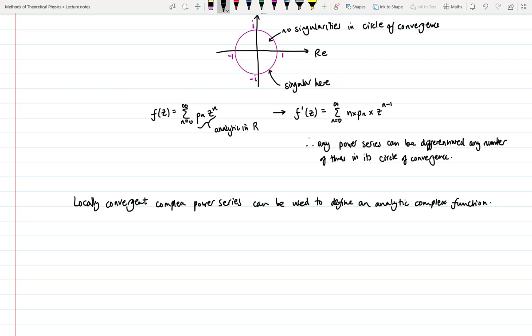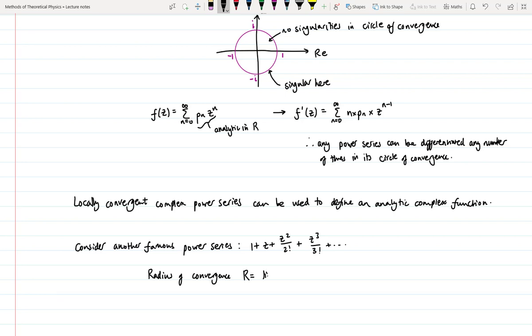As a final point, let's consider another famous power series. Let's consider 1 plus z plus z squared over 2 factorial plus z cubed over 3 factorial, and so on. The radius of convergence r is given by the limit as n tends to infinity of the nth coefficient divided by the n plus 1th coefficient.